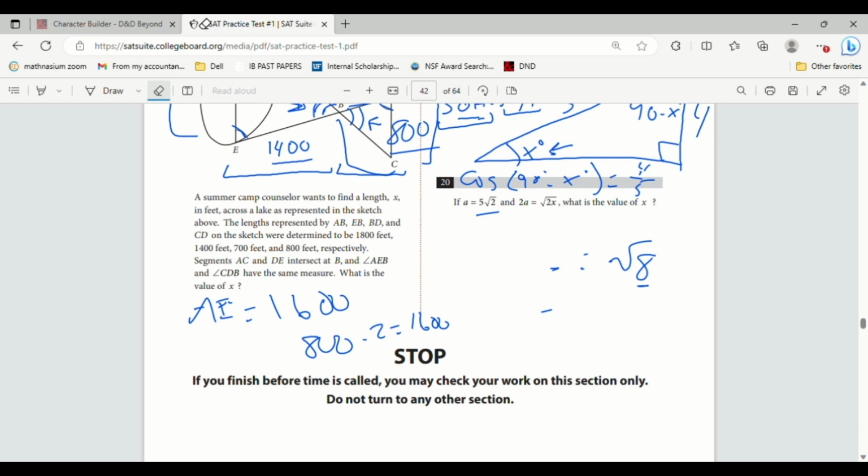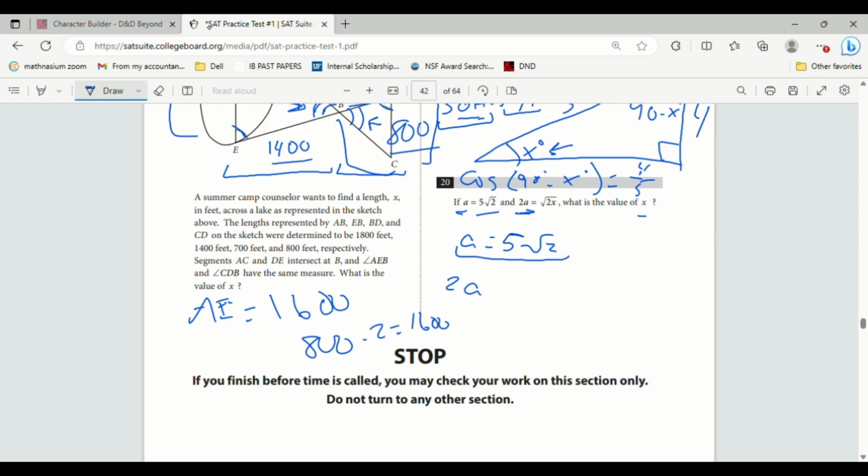Given that, we can now figure out our question. Since a equals 5 times radical 2, and 2a equals the square root of 2x, they want the value of x. We have a, and they want 2a, so how do we get 2a from what we were given?